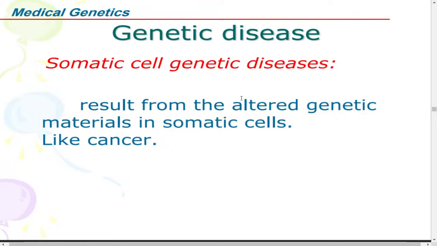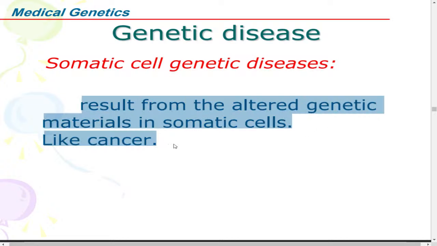Next, we have genetic disease, which is the main subject of medical genetics. Somatic cell genetic disease is not multifactorial. Somatic cell genetic disease results from altered genetic material in somatic cells.